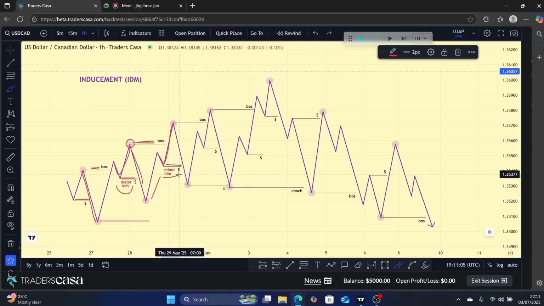I said if it's formed before the break of structure, it's called the minor inducement. But I said also that it doesn't matter if it's minor or major, both of them confirm the swing point. And if price now reverses back and takes out the swing point, then that's a confirmed break of structure.